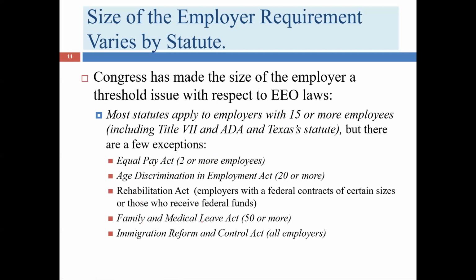We can see the Family and Medical Leave Act, which is oftentimes called the FMLA, requires even more employees. You have to have at least 50 to be covered. And actually, this is quite a bit more complicated equation than that. We'll talk in more detail later on. It makes sense because this puts an affirmative obligation on employers to return certain employees to work.